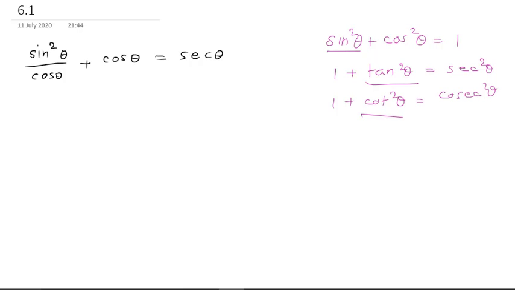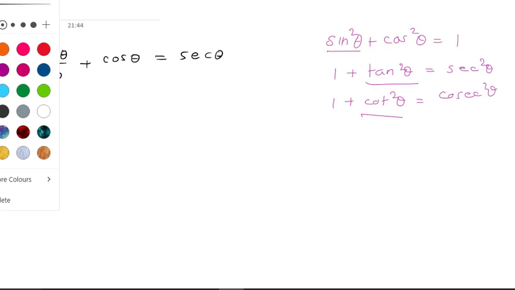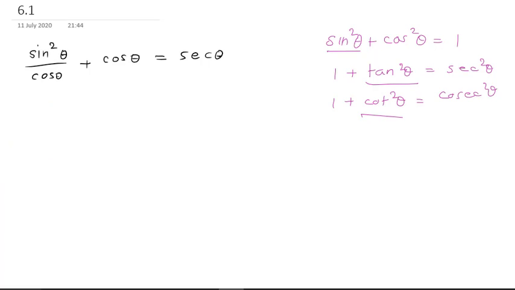Now, let us see this first question. Sin square theta upon cos theta plus cos theta equal to sec theta. This we have to prove. Here I will start from the left hand side and obtain the result which is given on the right hand side. This is one way of solving the problem.